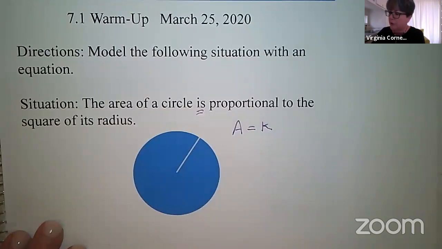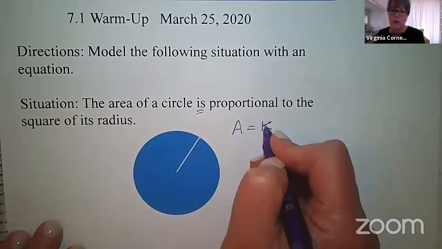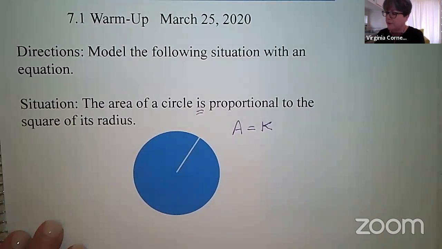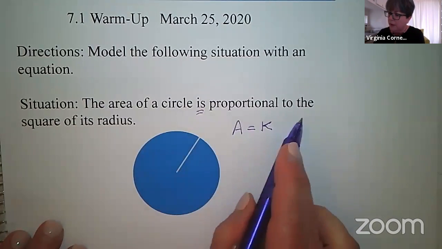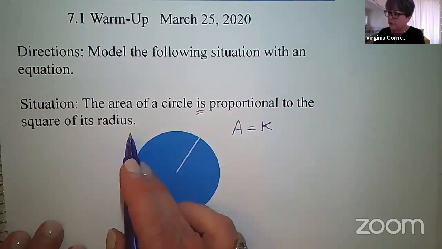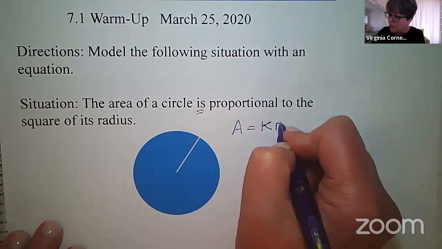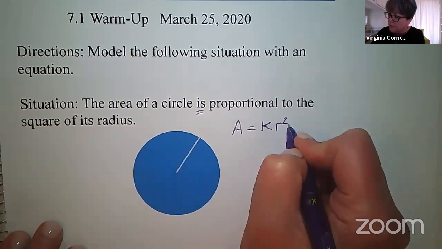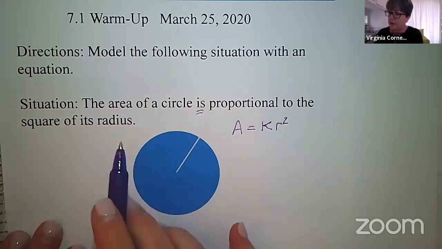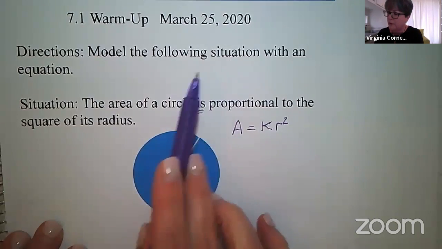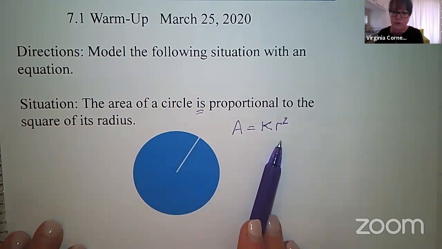I'm going to call it K. It could be C, it could be something else, multiplied by the square of its radius, so R squared. So that would be the situation modeled with an equation: A is equal to K R squared.